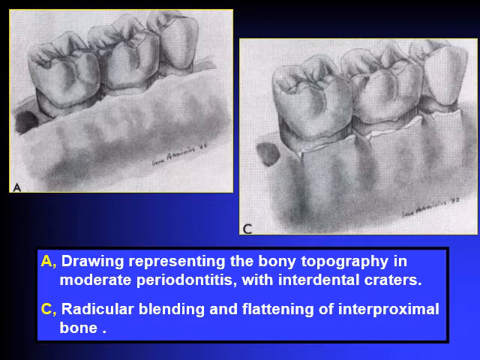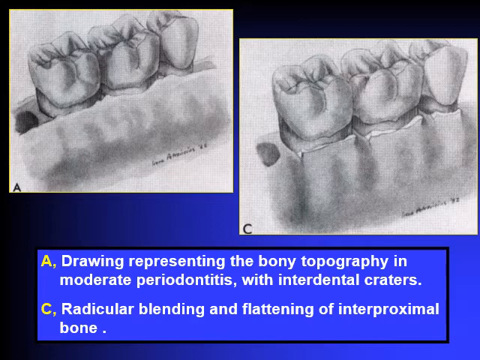in A, this is the original lesion with thickening or bulging of the facial bone and a shallow interdental crater. After we did the vertical grooving, this is the radicular blending. See here how we gradualize the bone over the prominence of the roots.